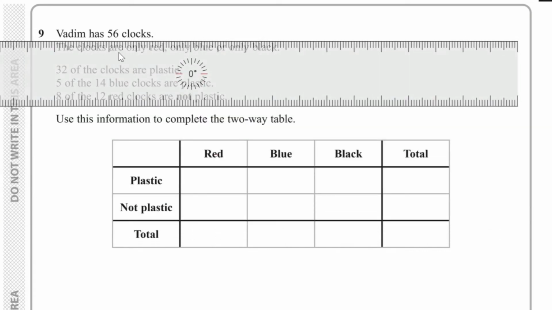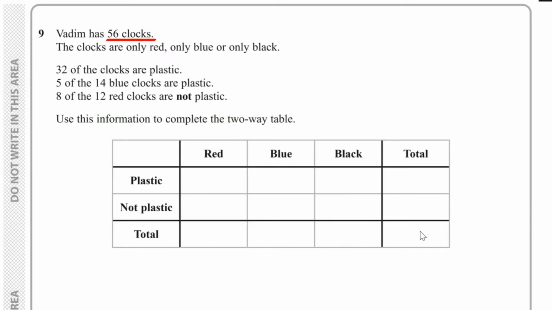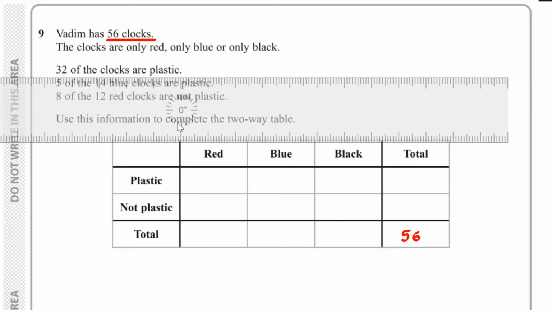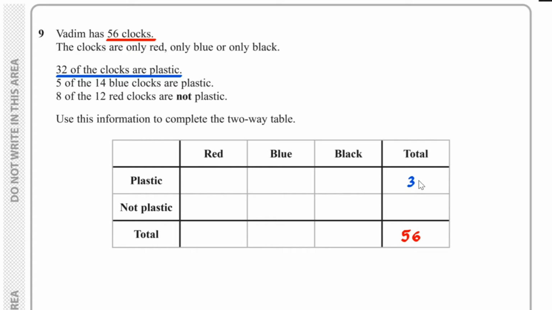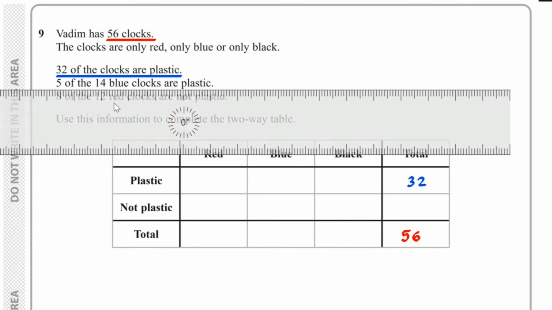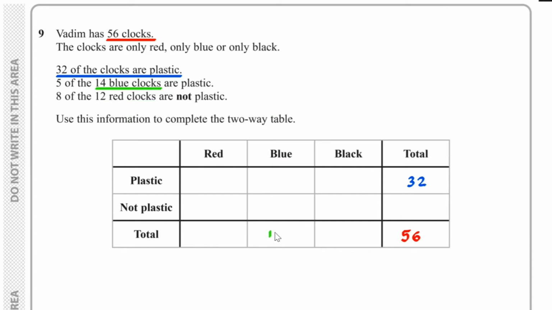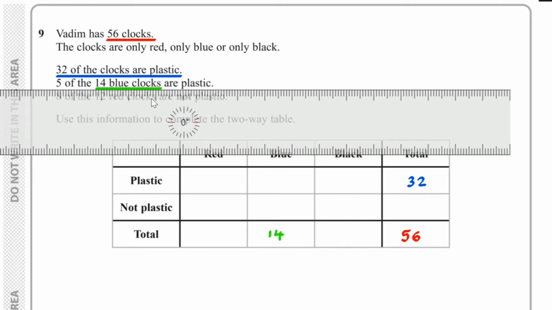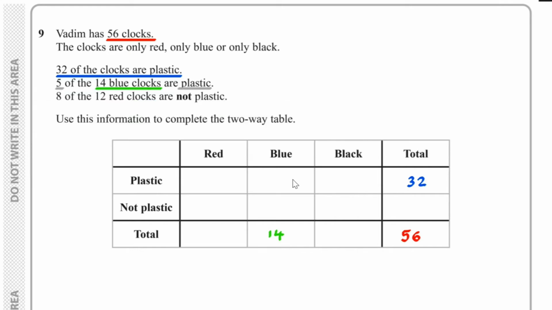First of all, we've got 56 clocks in total, and we know that 32 of those are plastic, and we know that 5 of the 14 blue clocks are plastic, so that means we've got 14 blue in total, and then we've got 5 of those which are plastic.